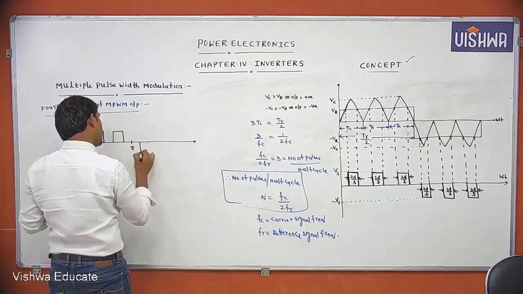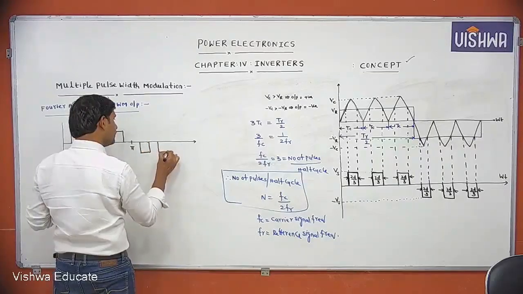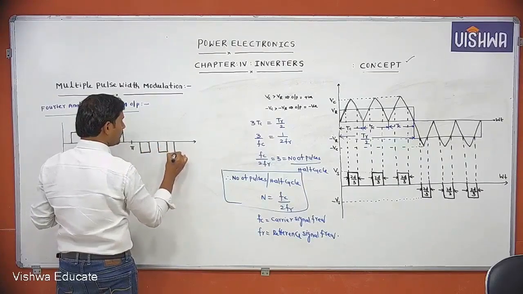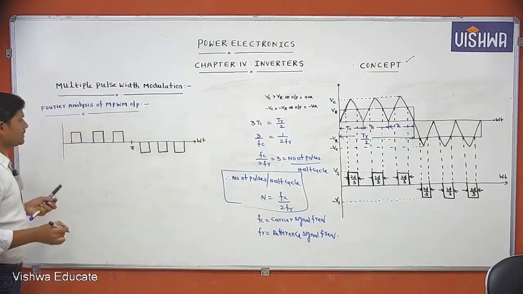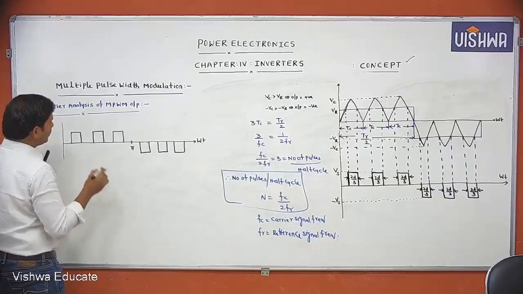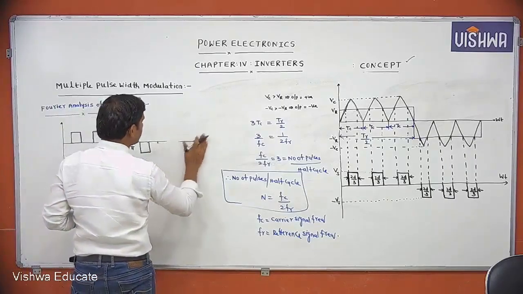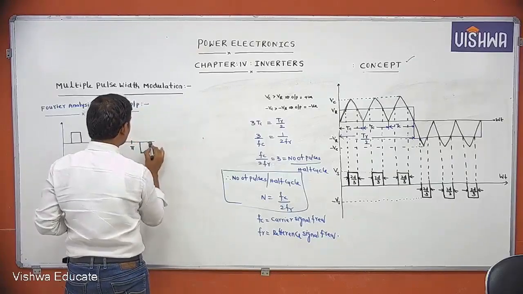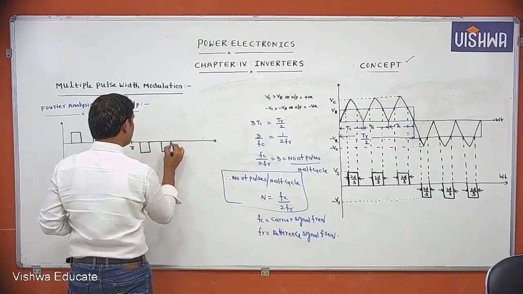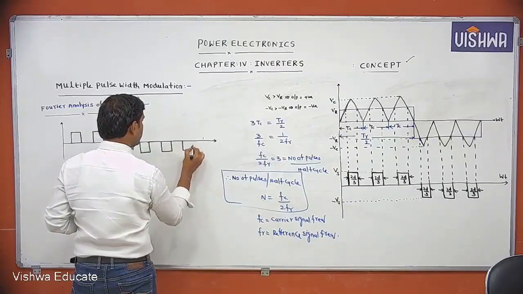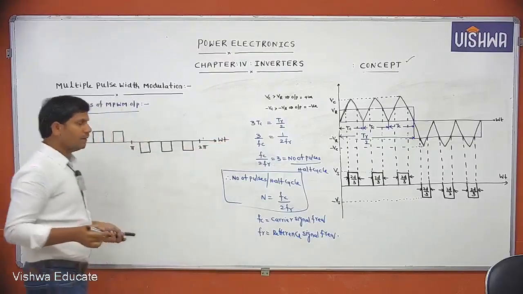In the negative half cycle also 3 pulses are there. So this is the multiple pulse width modulated output. This is 2 pi omega t.